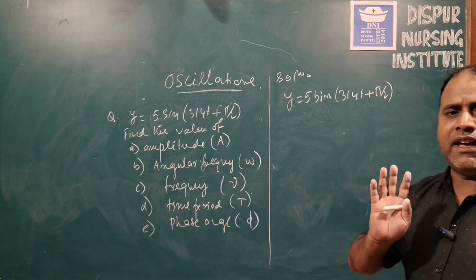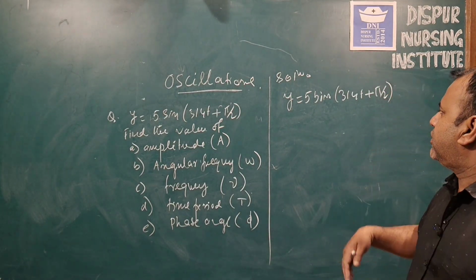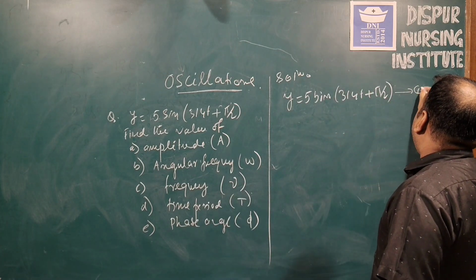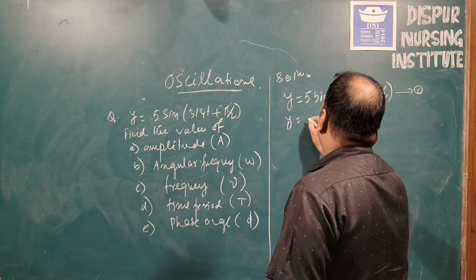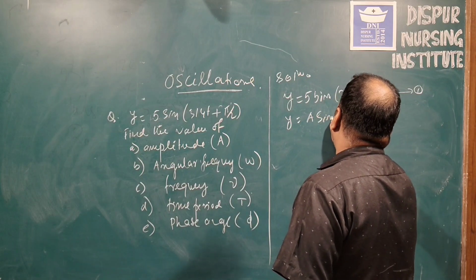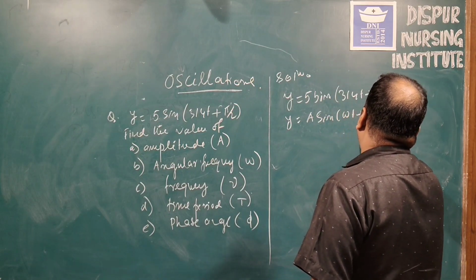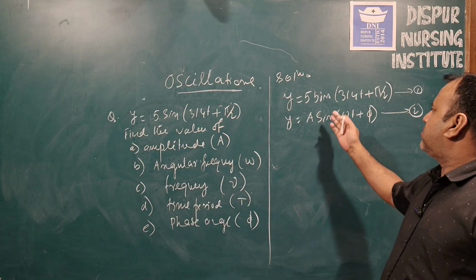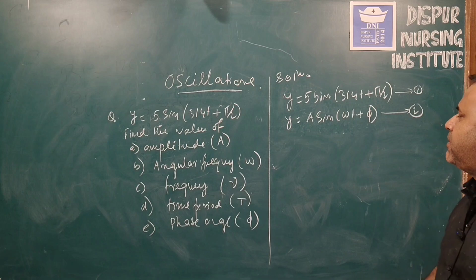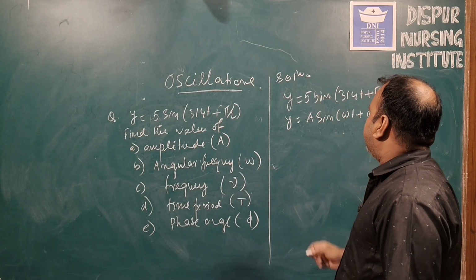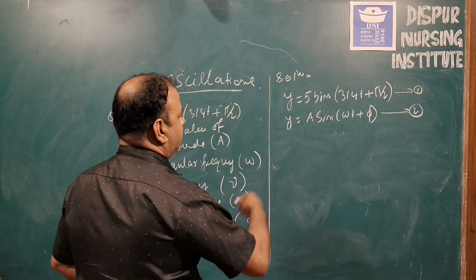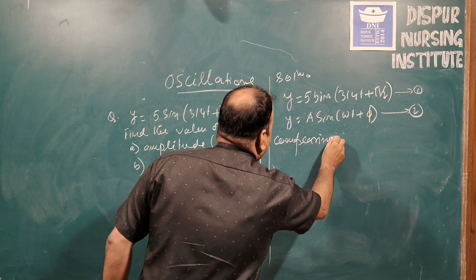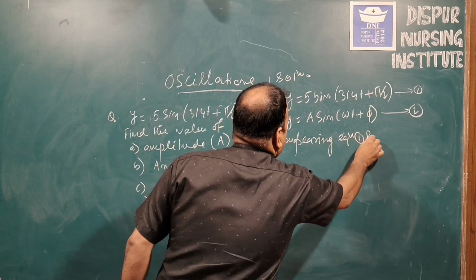Now I have given four equations, so which equation will be used here? The third one. So take equation 1 and the second formula, that is a sine of omega t plus phi. This is the general formula or normal equation. In the case of the general equation, you always remember we have to compare both sides, that means comparing equations 1 and 2.